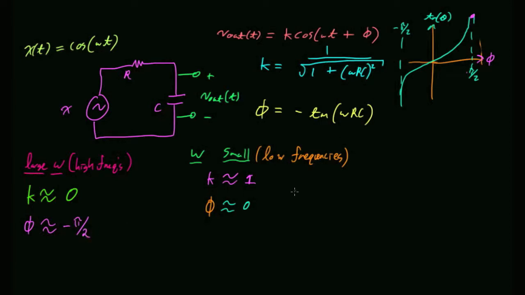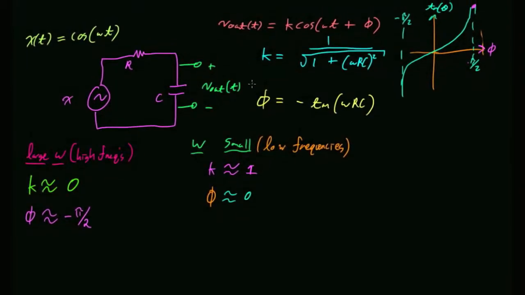So let's put the pieces together. When I put in a low frequency cosine, my output is basically going to be 1 cosine omega t plus 0. Which is pretty cool, because my input voltage was also 1 cosine omega t plus 0.